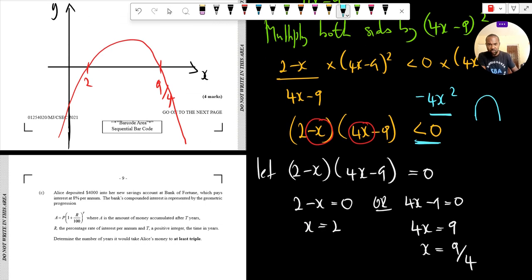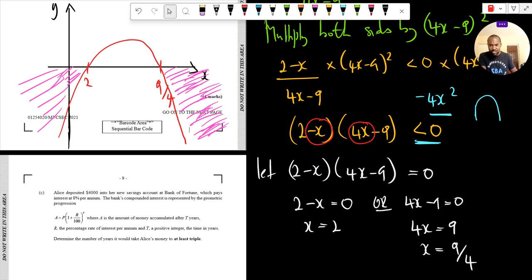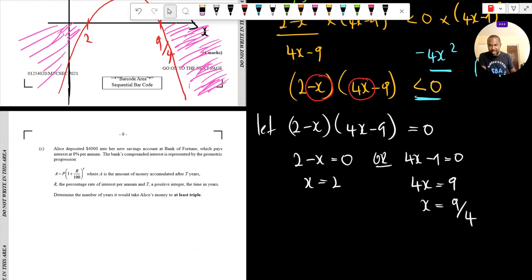And how do we identify that region or those regions? That region or those regions are going to be to the left of 2 and to the right of 9 over 4. So we see how the shape of the graph becomes important, right? And so the region or the solution would be x is less than 2 or x is greater than 9 over 4.